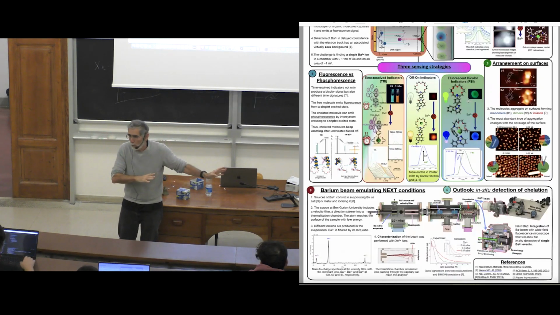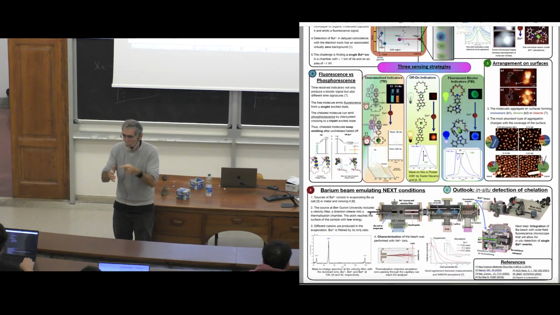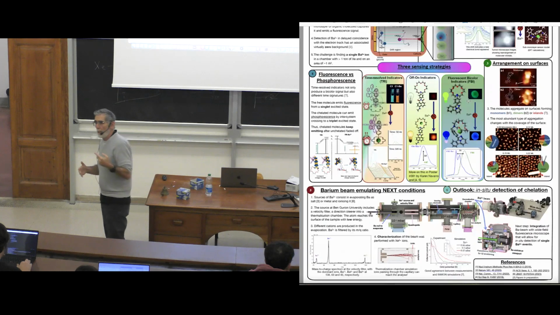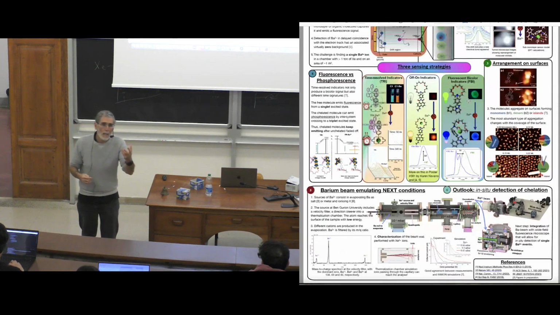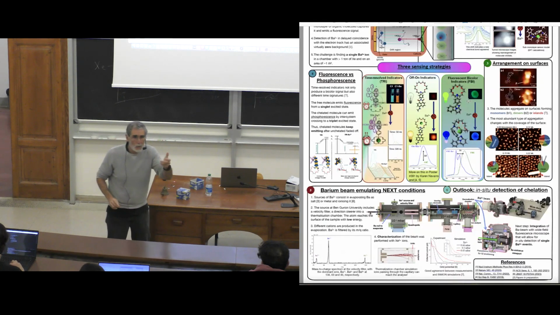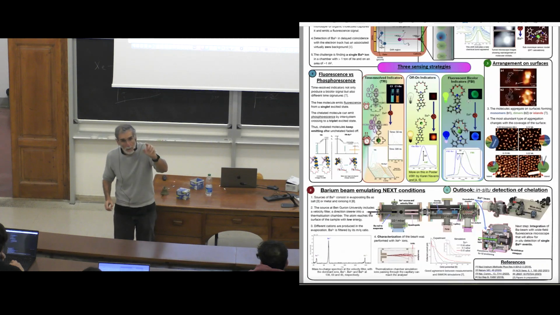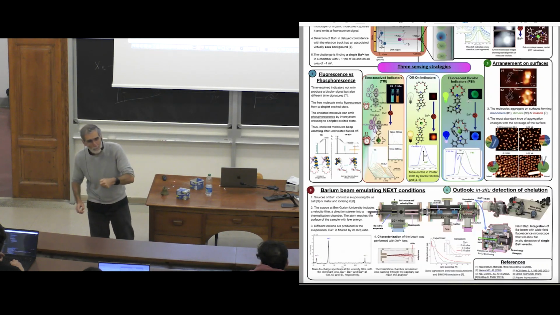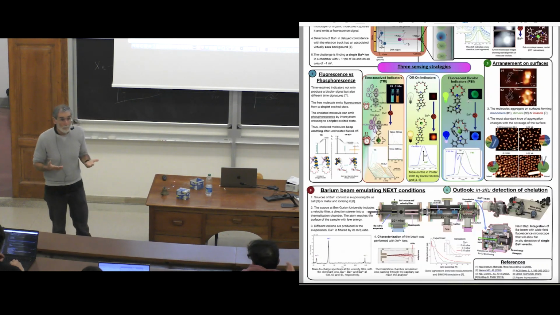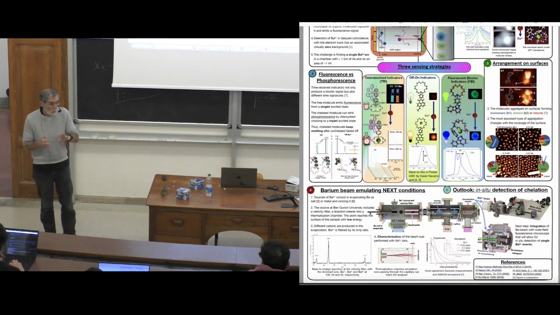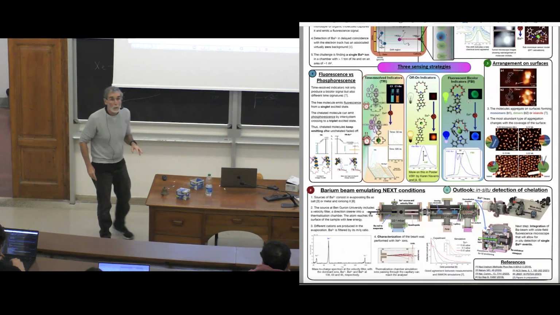It was developed 40 years ago. You just leave the barium there in a Paul trap among magnetic field, you keep exciting it and it gives you signal. But this is, in a way, one more step of complication than the other, because you need to grab, take, and bring. Okay?